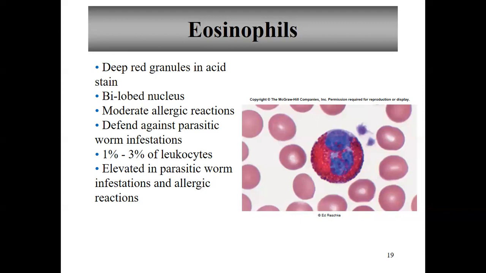And as a clinician, you can start to rule in and rule out certain things, asking the patient what's been going on with them, have they ever traveled, etc., to narrow down the possibility even more of either allergic reactions or parasitic infections. Eosinophils tend to be 1 to 3% of the total leukocyte composition. So anything above 3% eosinophils, you usually know that you have some allergic or parasitic infection on board.